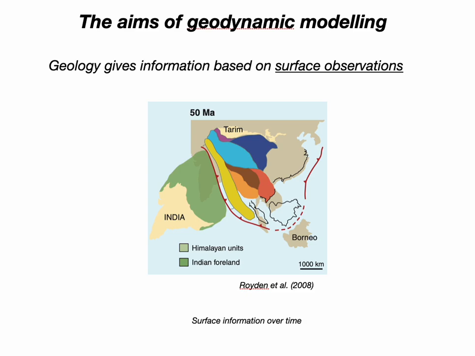One thing which is important to realize is that we get a lot of surface observation from geology. If we still look at the India-Asia collision, this is a nice sketch that shows you a reconstruction 50 million years ago, so before India collided with Eurasia.